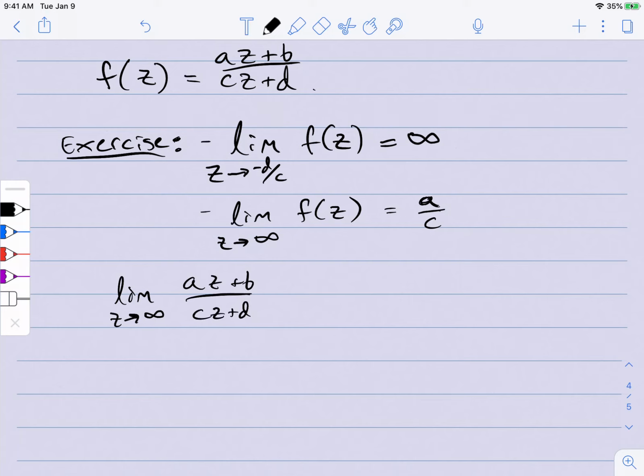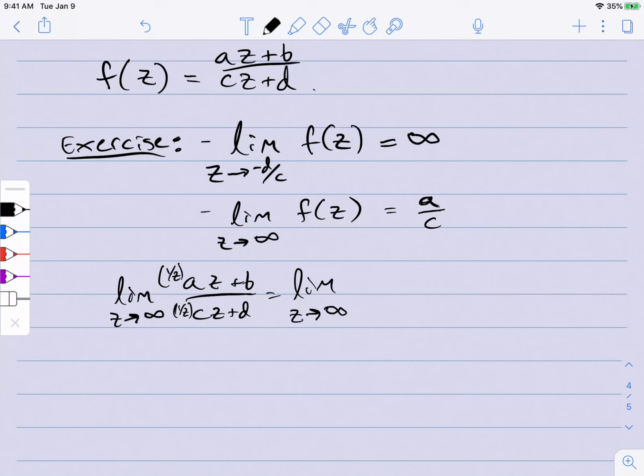So I'm looking at as z gets larger and larger, so I can assume that z is non-zero, and so I can multiply by 1 in a clever way. I'm just going to multiply both the top and the bottom by 1 over z. Since I do that to the numerator and the denominator, I'm not really changing the expression.